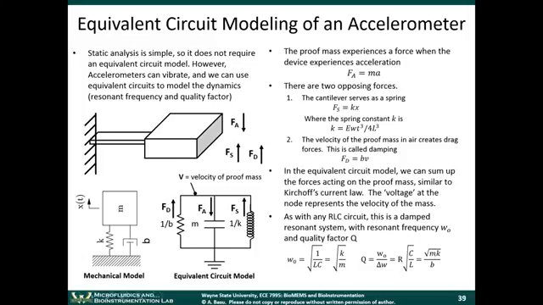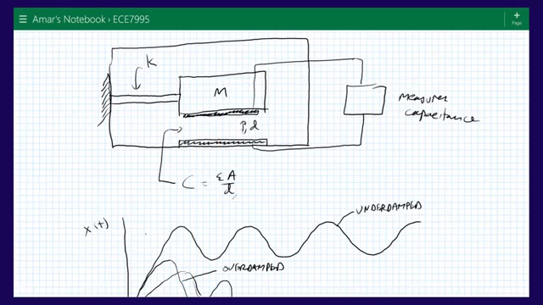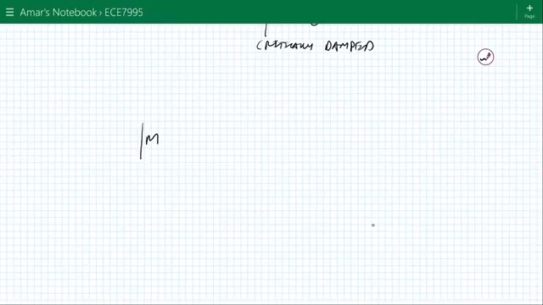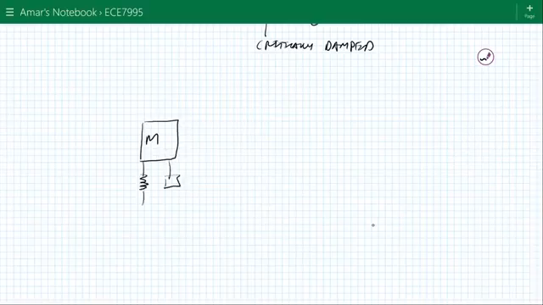So if we look at this electrical circuit here, let me write this down. I think this is a good way to understand it. The mechanical system here, I'm going to redraw it so you can see it. We have the mass, the spring, and this is the dashpot.